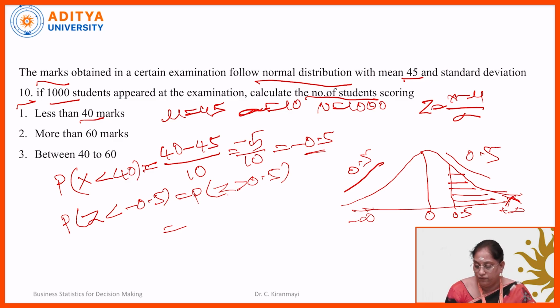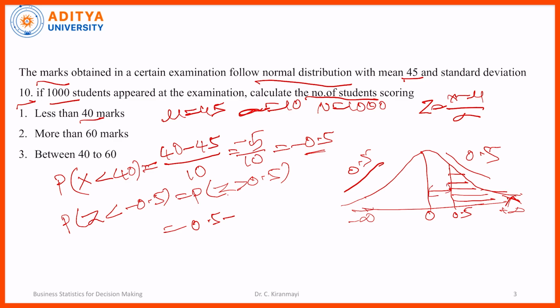Now, to find this area, we know that the total area of the right side is 0.5, and from this total area, if we subtract the area from 0 to 0.5, we are going to get the area of this shaded region.